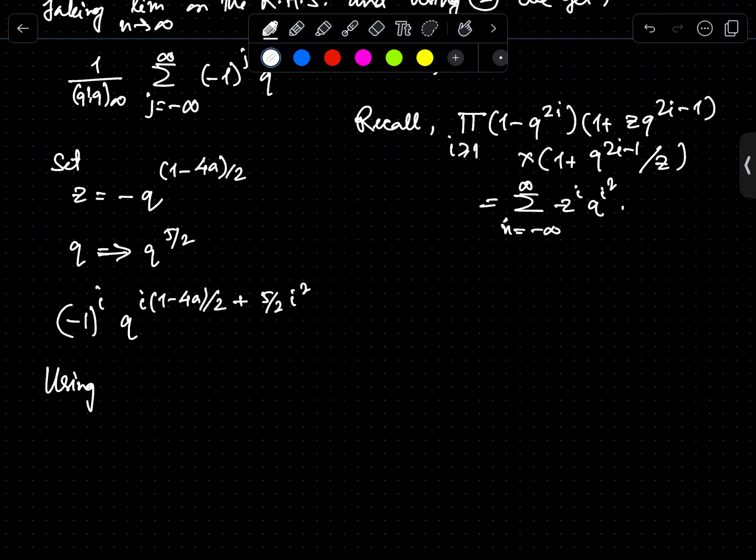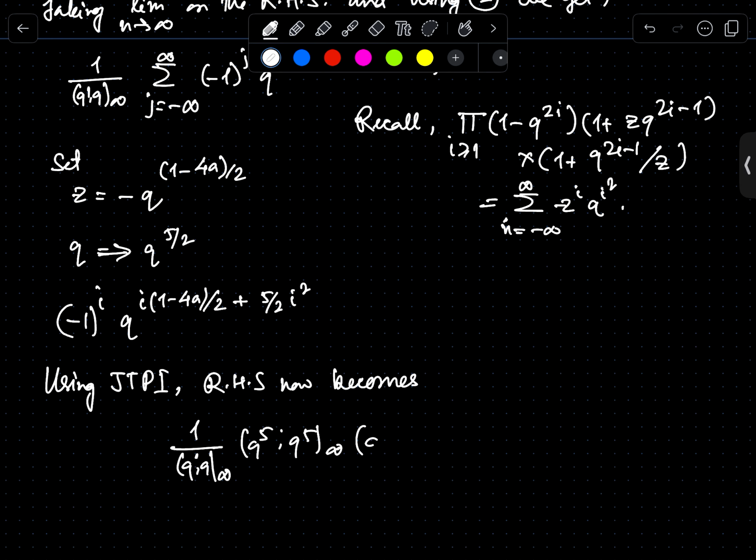So using Jacobi's triple product identity, the right-hand side now becomes 1 over (q;q) infinity times (q^5;q^5) infinity, and then for a equal to 0, this will be (q^3;q^5) infinity, and for a equal to 1, it will be (q;q^5) infinity.